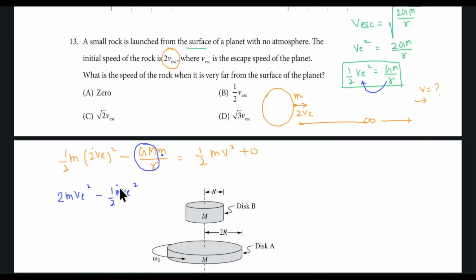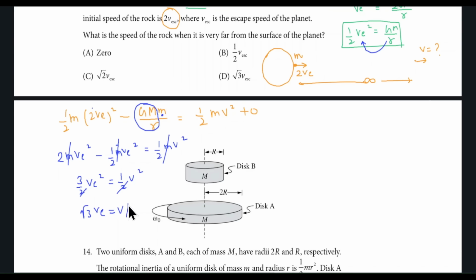This m remains as it is and half VE square is here, is equal to half mv square. m is gone. Let's multiply both sides with 2. So 2 minus 1 over 2 is 3 over 2. So 3 over 2 VE square is equal to half v square. Half and half is gone. If I take square root both the sides, then square root of 3 VE will be equal to v. That is option D. That should be our final answer.